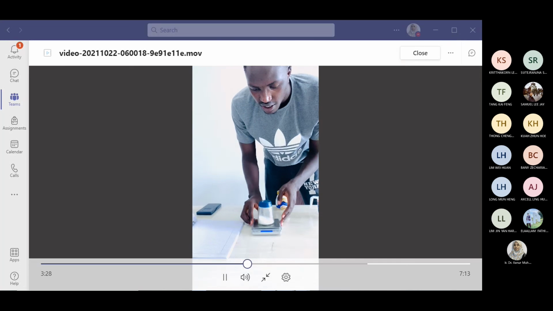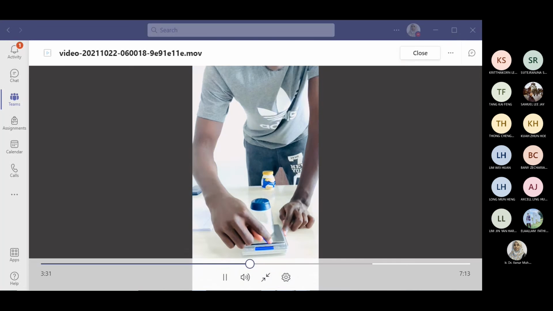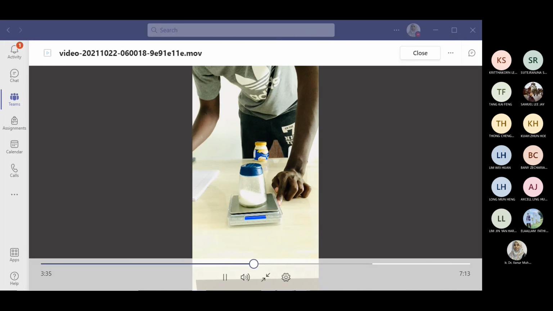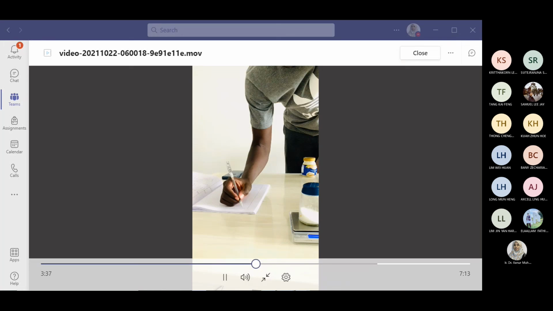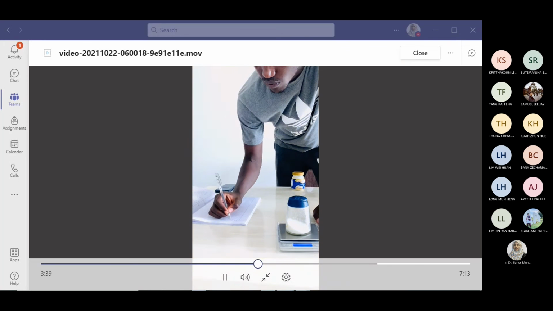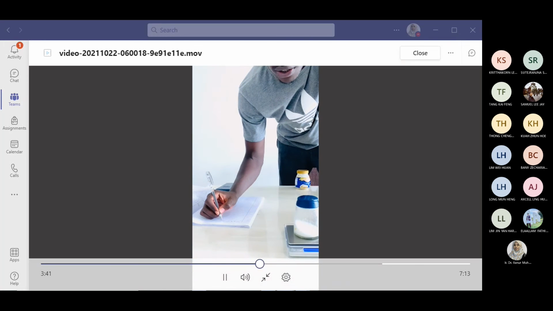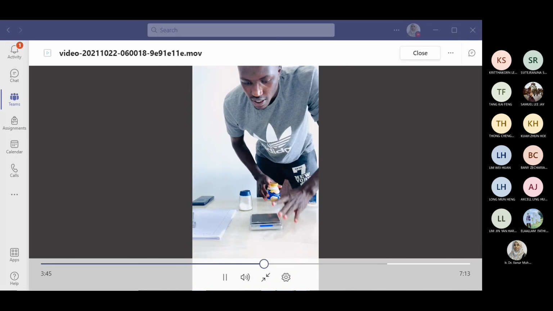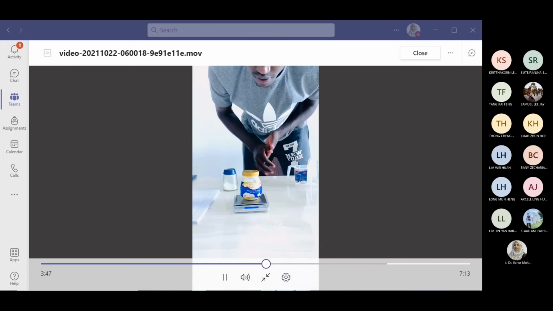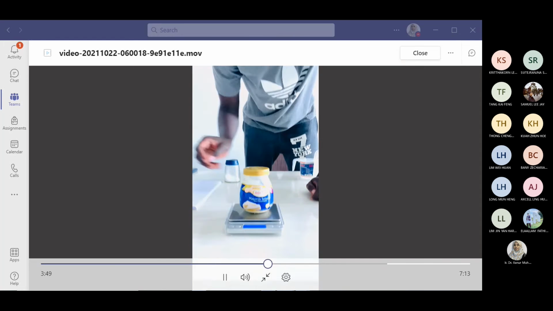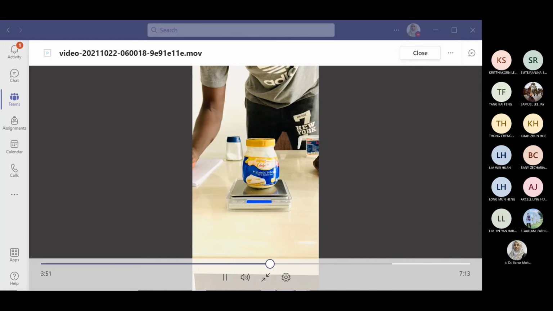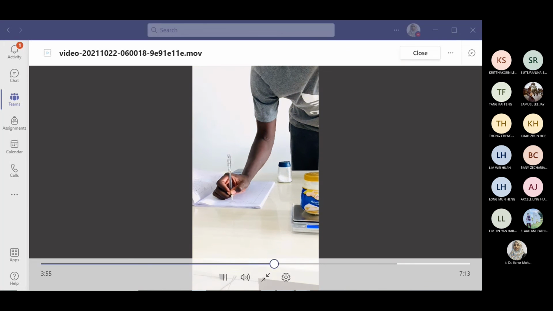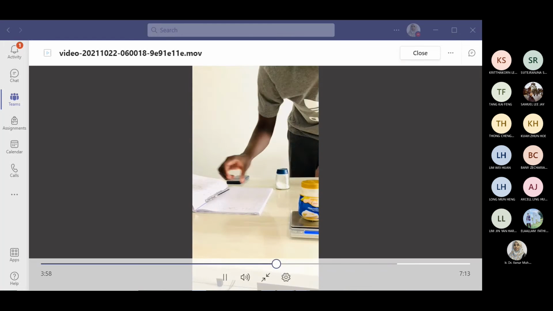You can actually see that it is 192.4 grams. So we shall record that as the weight of tin 1. It is 192.4 grams. Then our tin 2, you can see it is 197.5 grams.